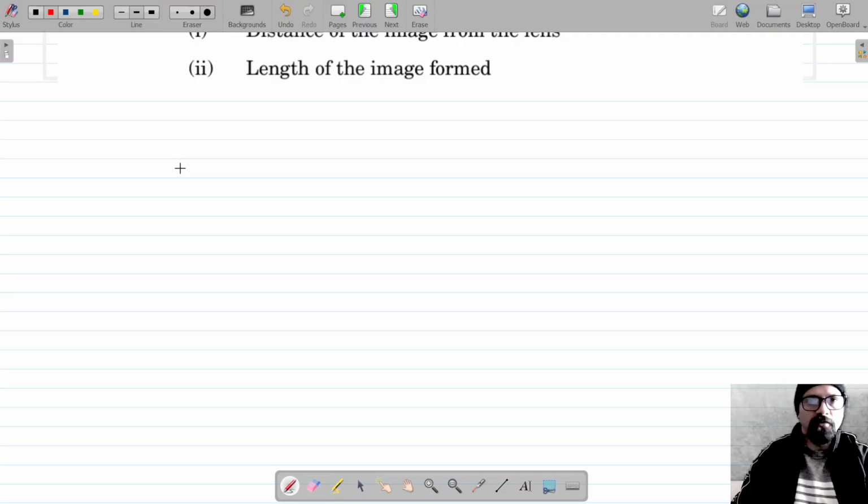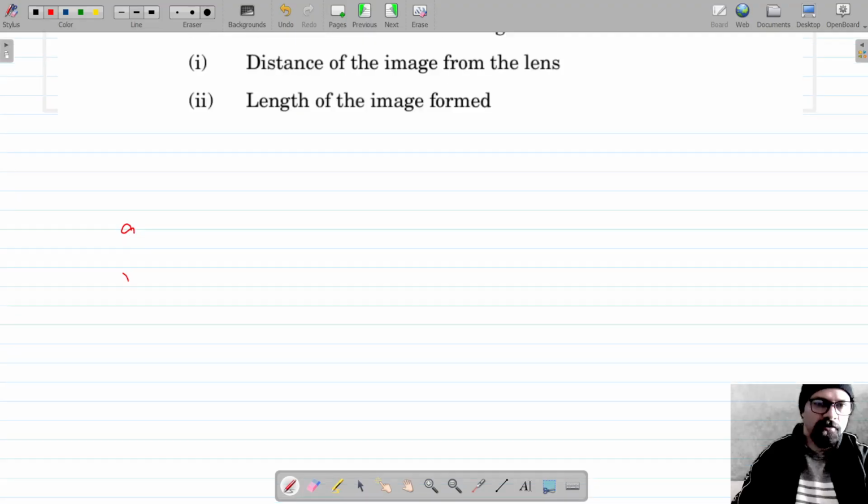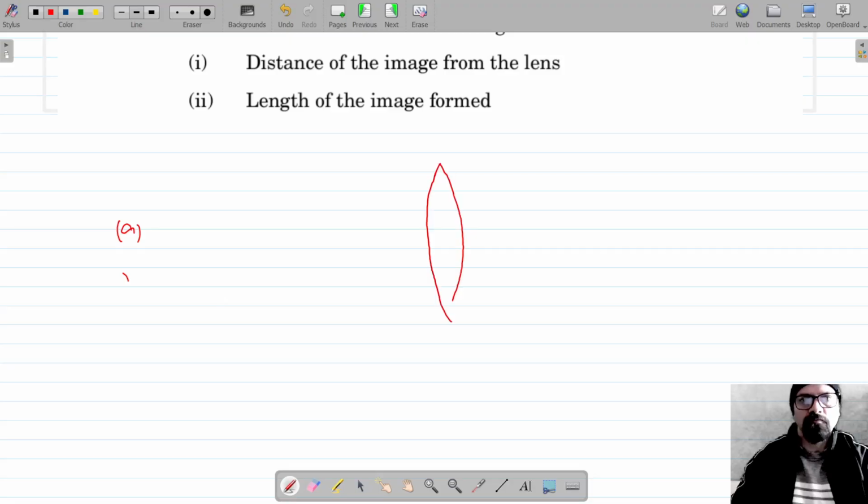This is part A, using a convex lens. So let's draw a convex lens here. Let's say this is the convex lens. Let's say this is the optical center.